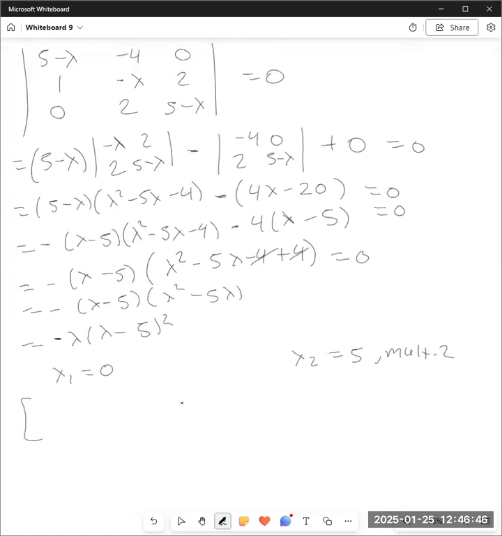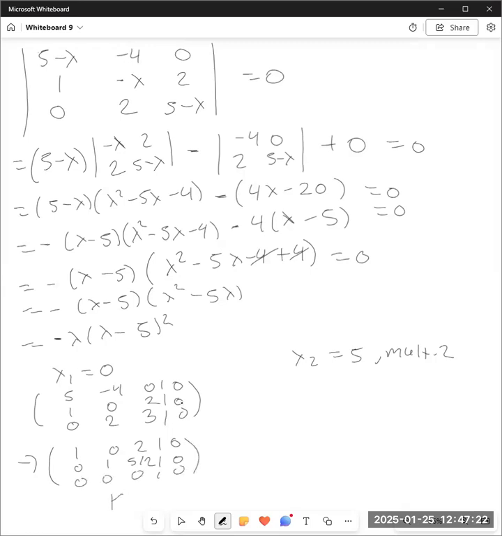That is 5, negative 4, 0, 1, 0, 2, 0, 2, 5. When I RREF that, I get 1, 0, 2, 0, 1, 5 halves, 0, 0, 0.